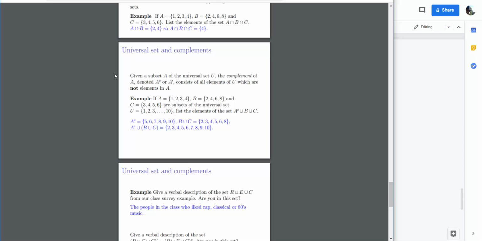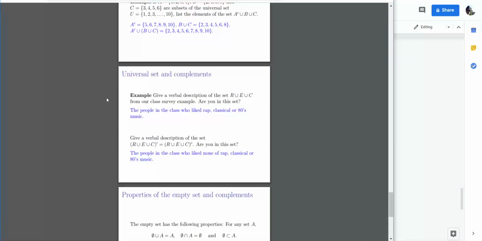Okay, so A complement means you have 5, 6, 7, 8, 9, 10. That's what the A complement is. Because A stops at 4, the A complement starts at 5. So 5, 6, 7, 8, 9, 10. That is correct. Alright, where we are.